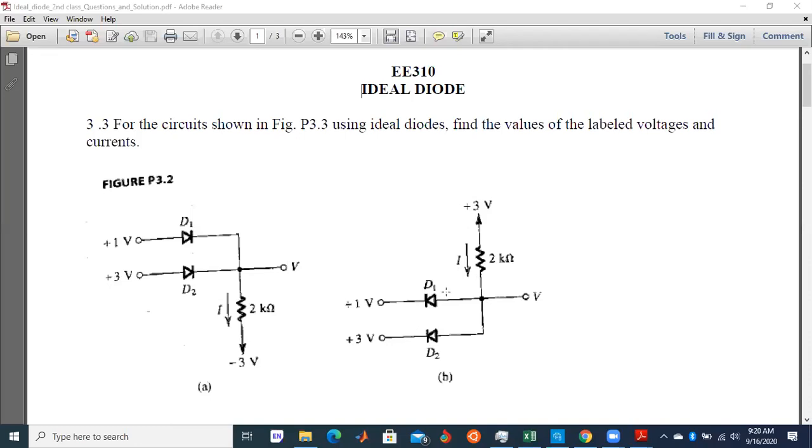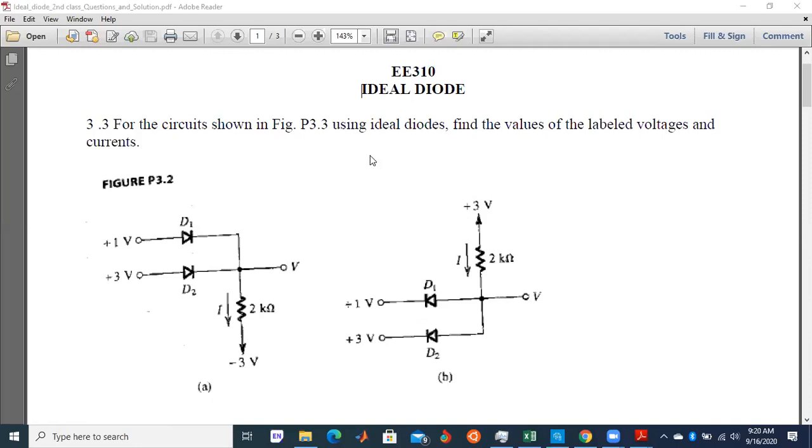Now, I know some people during exams may face difficulty identifying which one is the OR gate and which one is the AND gate. So because of that, I personally have one simple trick. What is the trick?